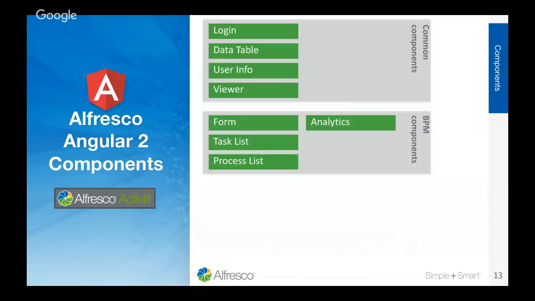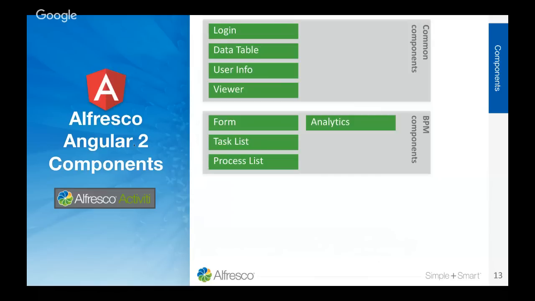And then we have some components for the BPM side. We have the form components that display the forms that you may have defined inside Activiti. We have the task list that displays all the tasks, but also has some capabilities like starting a task or displaying the details of a certain task.